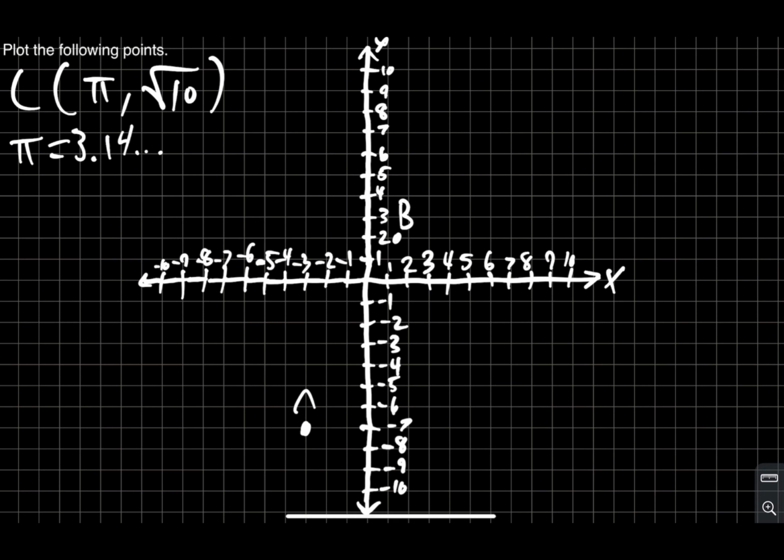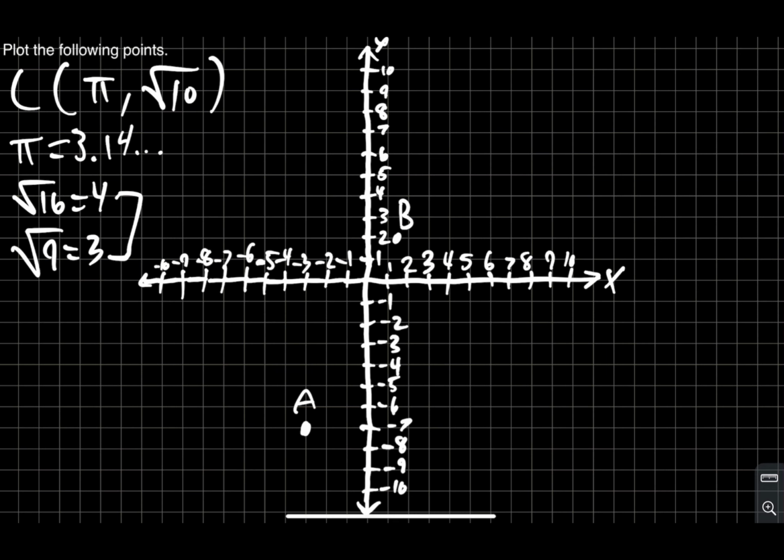The square root of 10, if we want to figure out where it's going to be in between, we have to know our perfect square roots. So we know that the square root of 16 is 4. And we know the square root of 9 is 3. So the square root of 10 is in between 16 and 9. So we can say that the square root of 10 is going to be in between these two values, 3 and 4.